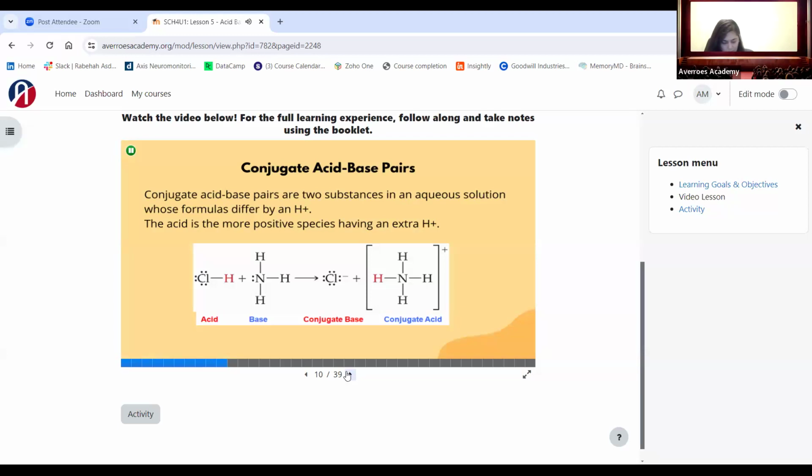The acid is the more positive species having the extra H+, because acids donate the extra H+ to the base. So in our reaction here, we have our acid HCl plus our base NH3, and then the conjugate base is our Cl-, the one that gave up the H+, and our conjugate acid is the one that then gained the proton.